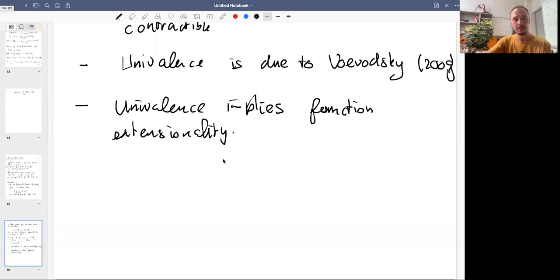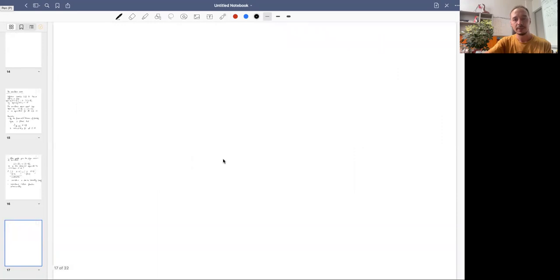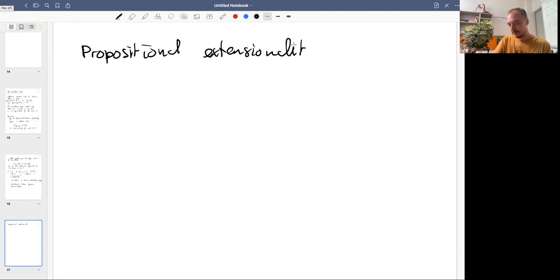What I do want to talk about is propositional extensionality. This is a very important principle that even in some systems that don't assume the full univalence axiom, they still assume univalence for a proposition, and that's what propositional extensionality is.